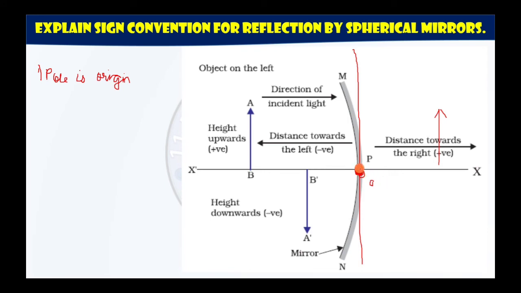You will always measure from the pole. If you want to measure anything upwards, you will start from here to upwards, from here to downwards, right? You will not measure from the opposite side. So the second rule is you will start from the pole.